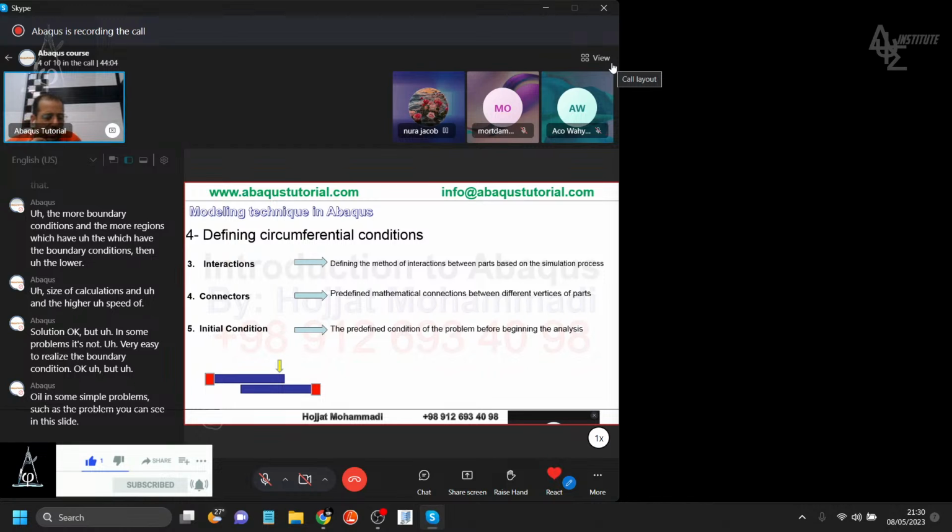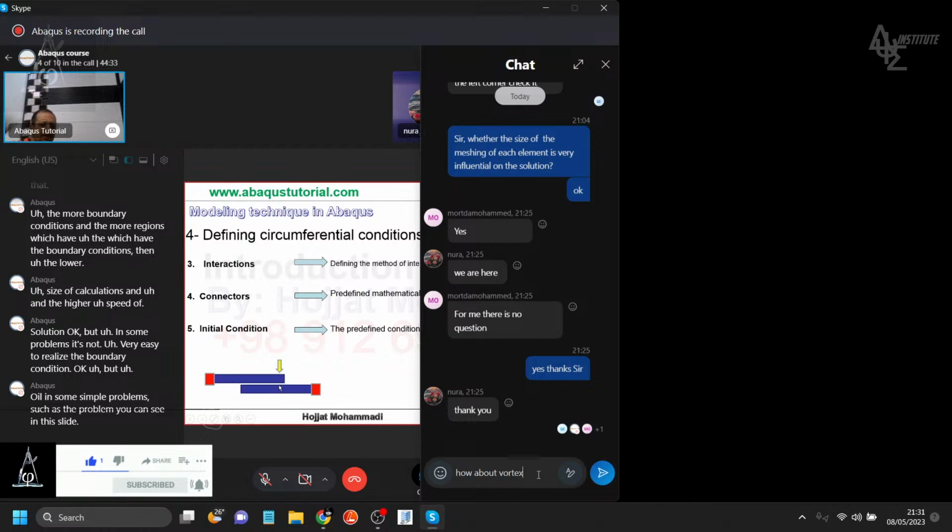In fact, the clearance can disappear if the upper beam experiences a large amount of load. Otherwise, the upper beam cannot fill the gap, and the upper beam will not reach the lower beam.